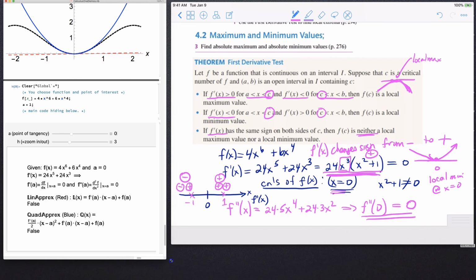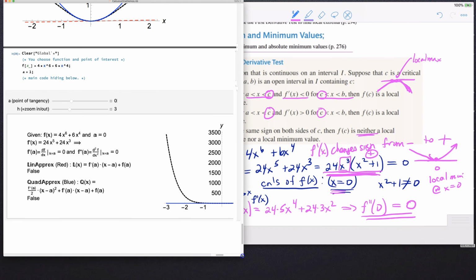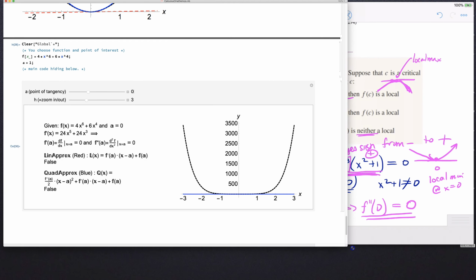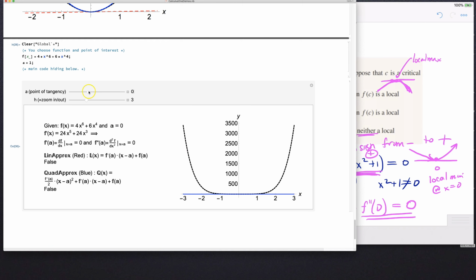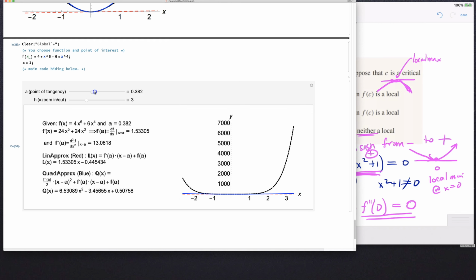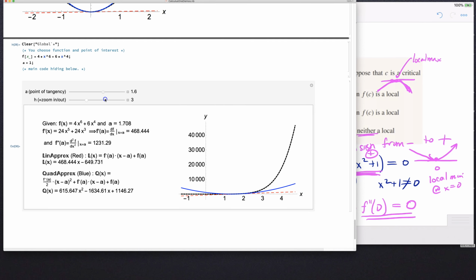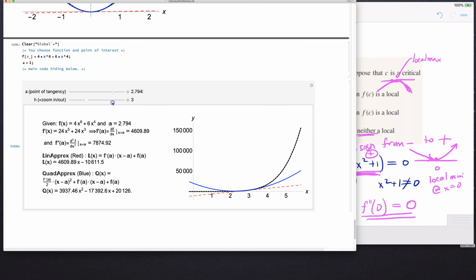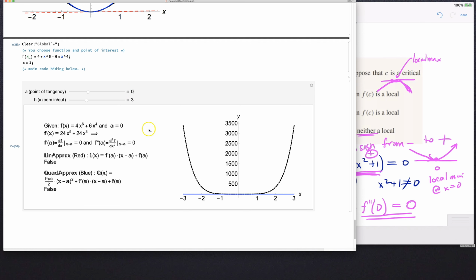We can actually see a graph going on here of 4x to the 6th plus 6x to the 4th. And we know that we can compute the linear and quadratic approximation at any point, but what we cared about was specifically the critical value 0, and we can see here the second derivative test failing. This function is so flat along the bottom that the quadratic approximation is 0.